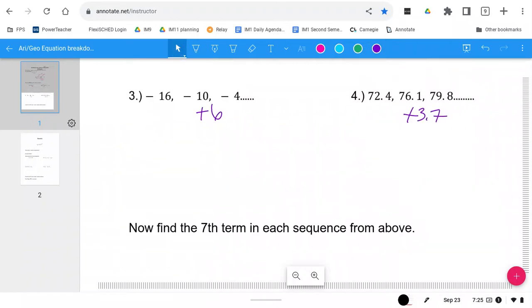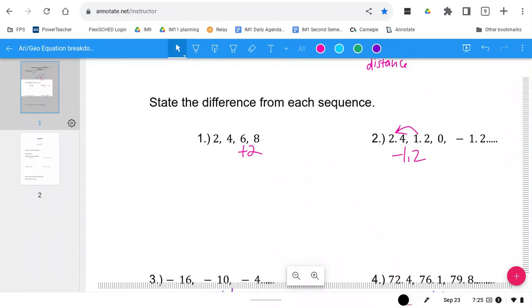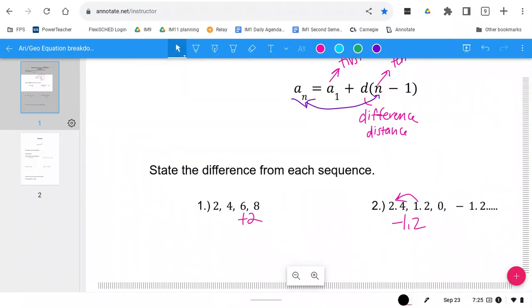Okay, so the next thing we're going to do is try to find the 7th term. So if I continued my sequence, what would the 7th term be? So if I go up into this equation up here, I'm going to say a sub 7, the first term of the sequence is 2, plus the distance I'm traveling is 2, and then I'm plugging in the 7th term.